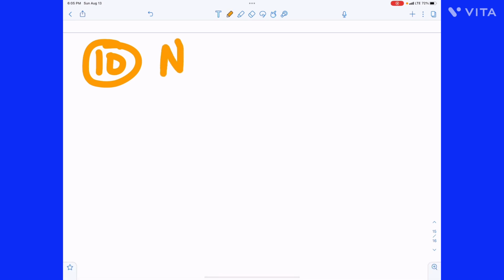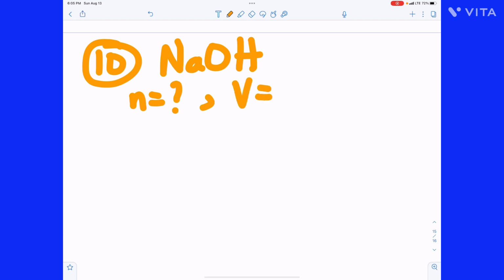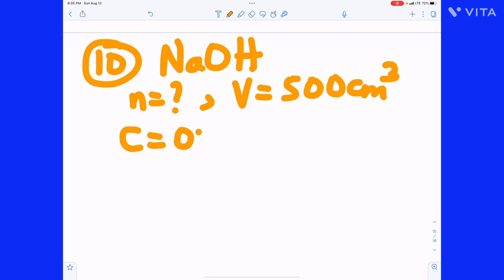Okay, we are talking about sodium hydroxide. Now, the number of moles is unknown. We have the volume, 500 cm cube. We also have the concentration, 0.125 moles per dm cube.